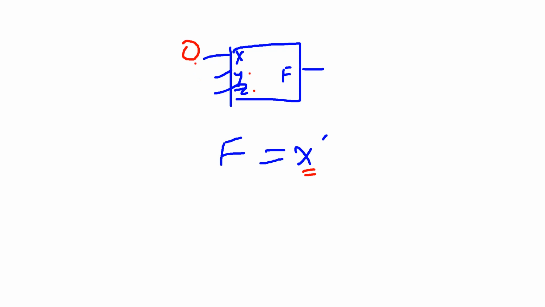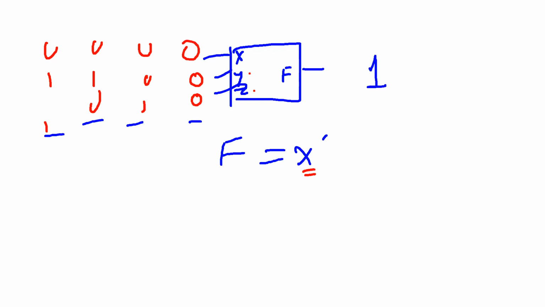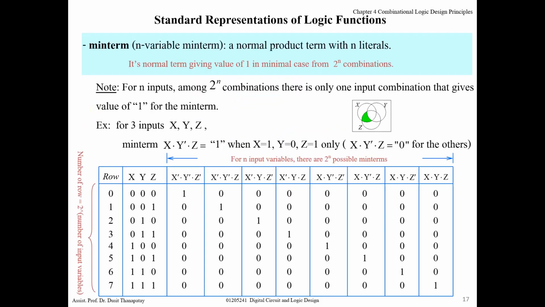For example, X is 0, Y, Z is 0, 0, or 0, 0, 1, or 0, 1, 0, or 0, 1, 1. There are 1, 2, 3, 4 cases that can make output to be 1. So this term is not a minterm. Okay, now I think you understand the meaning.